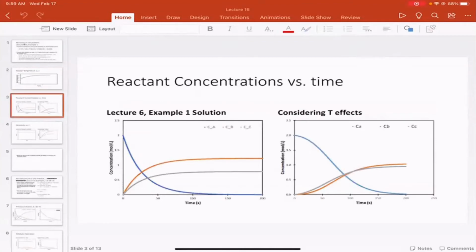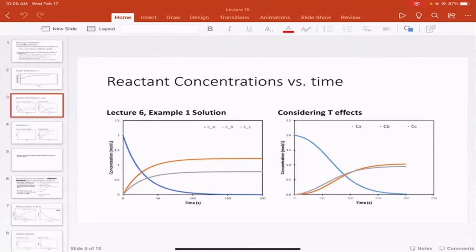Okay, and what does this mean for the reactant concentrations versus time? Well, the solution that we had last time in lecture 6 is here on the left, when we knew what the reaction rate constants were and we were already operating at 250 degrees C versus waiting to get there. And you can see very clearly that the reactions initiate much more slowly.